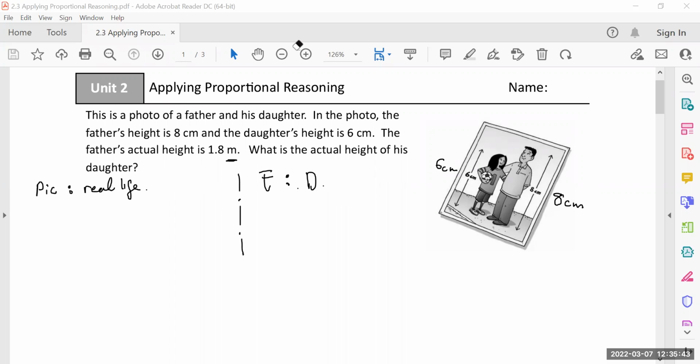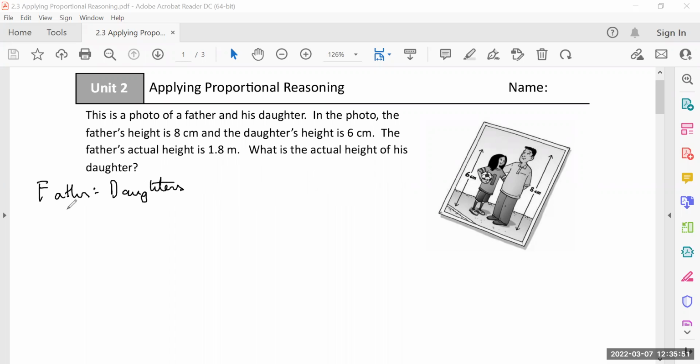Here it is. Father's height to daughter's height is 8 centimeters to 6 centimeters. Another way you could represent it is 8 to 6.